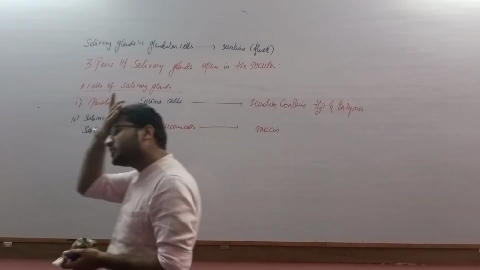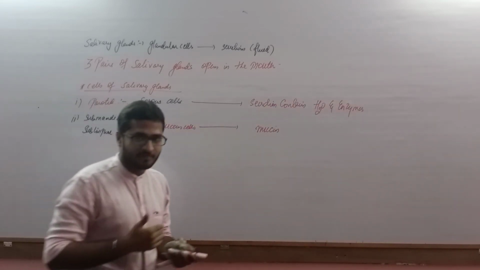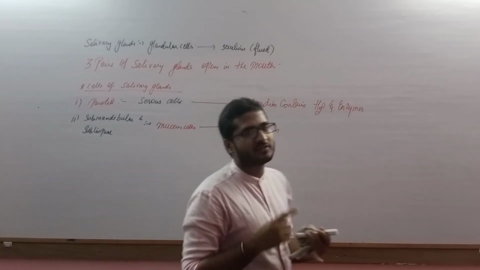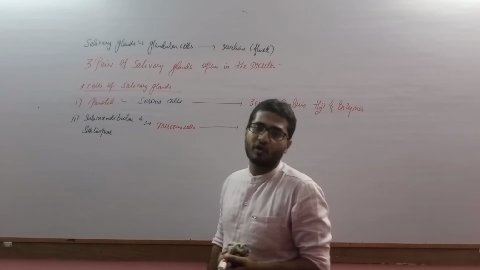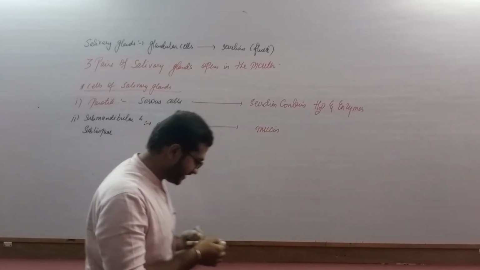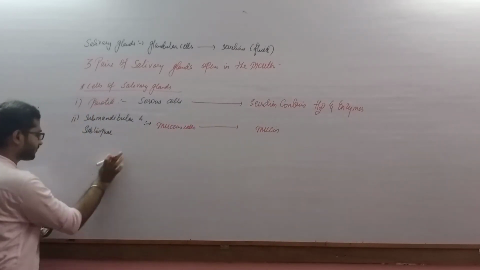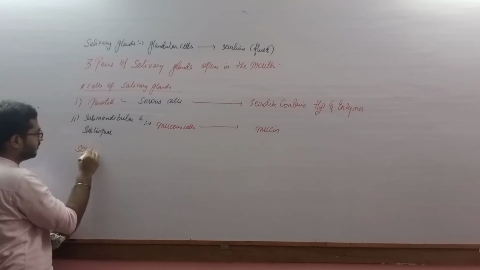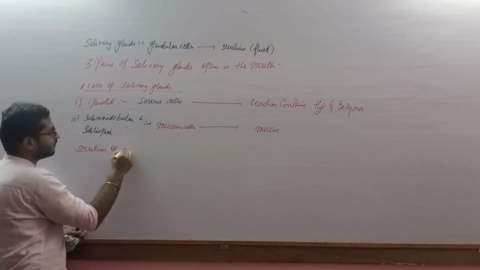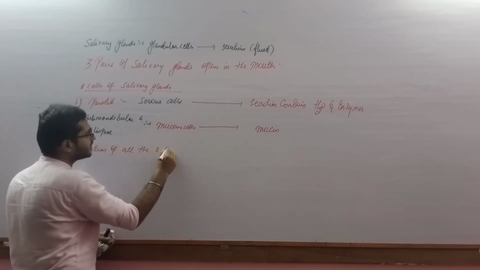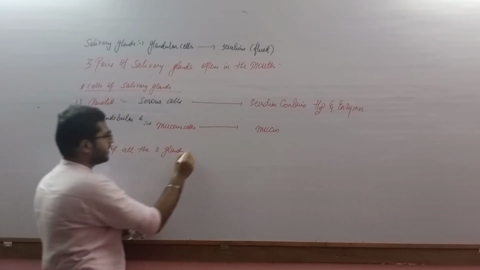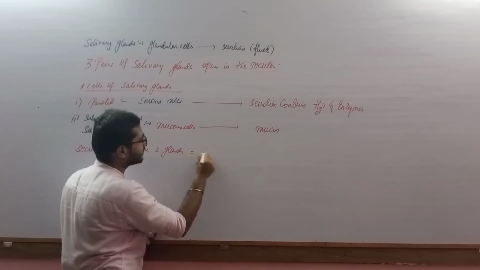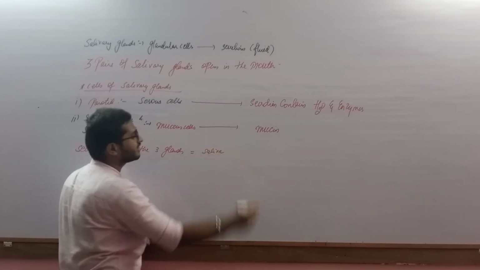Now the secretion of all these three glands, that is parotid gland, submandibular gland as well as sublingual gland, is called saliva.